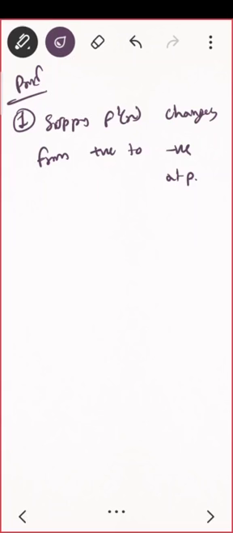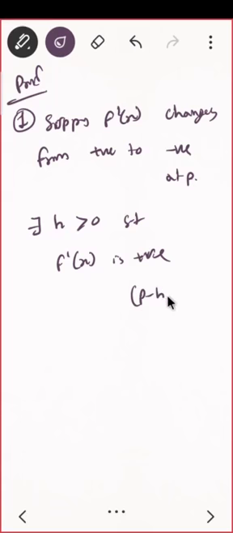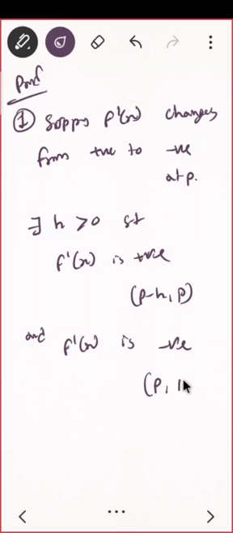That means there exists, say, h positive such that f dash of x is positive in the interval p minus h to p, and f dash of x is negative in the interval p to p plus h. Correct?